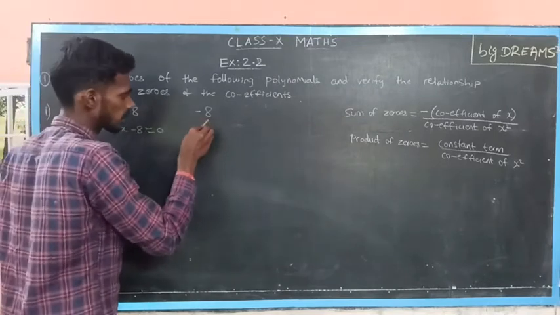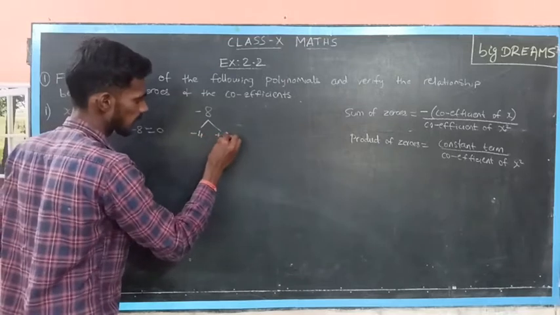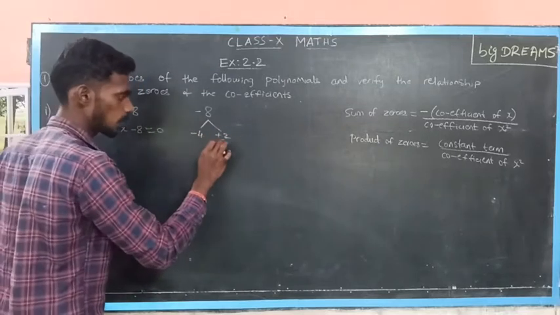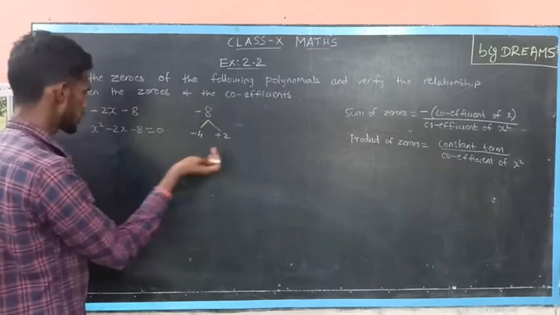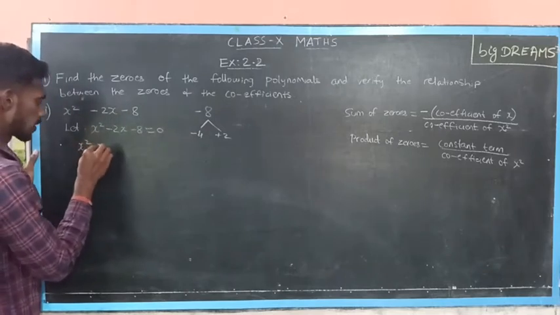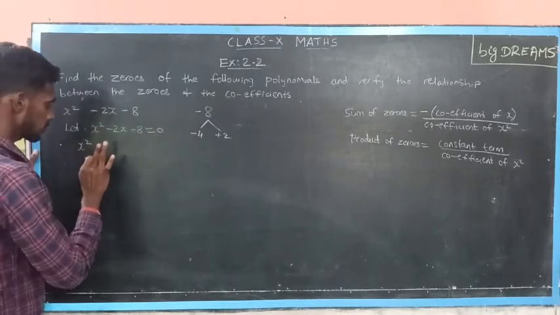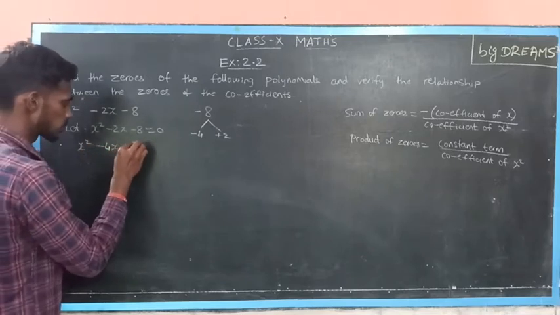So I have to split minus 8 as minus 4 into plus 2. Minus 4 into plus 2 gives minus 8, and minus 4 plus 2 gives minus 2. So I am going to split this minus 2x as minus 4x plus 2x.